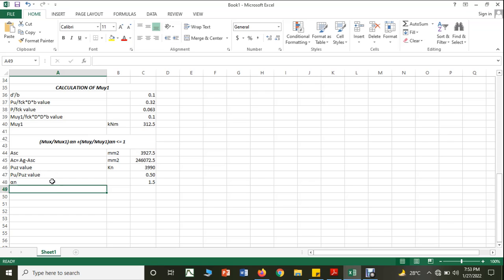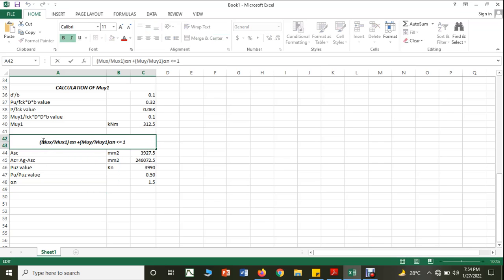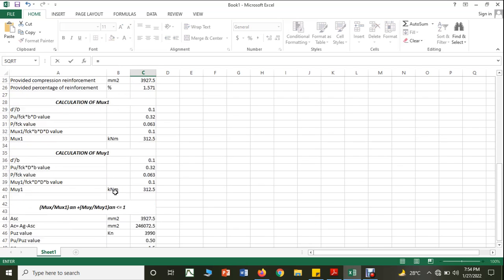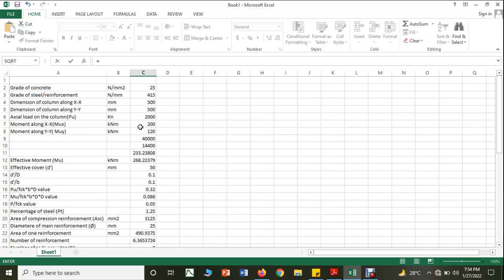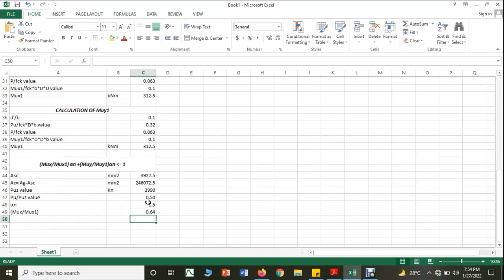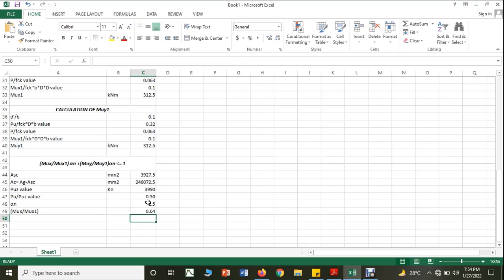So let us find out first Mux by Mux1. Mux I have given, divided by Mux1, you got this value, so that will be Mux by Mux1, that is 0.64.